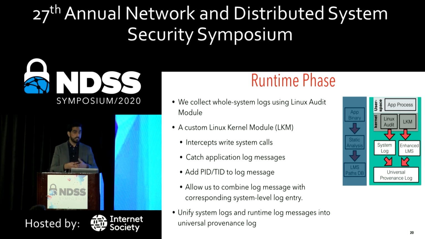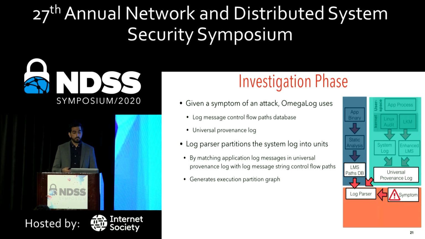Finally, we unify these system logs and runtime log messages into a single log, which we call the universal provenance log. Now let's say an attack or a symptom is detected, the investigator can use ωLOG. For that, they will use the control flow paths that we built before and the universal provenance log.